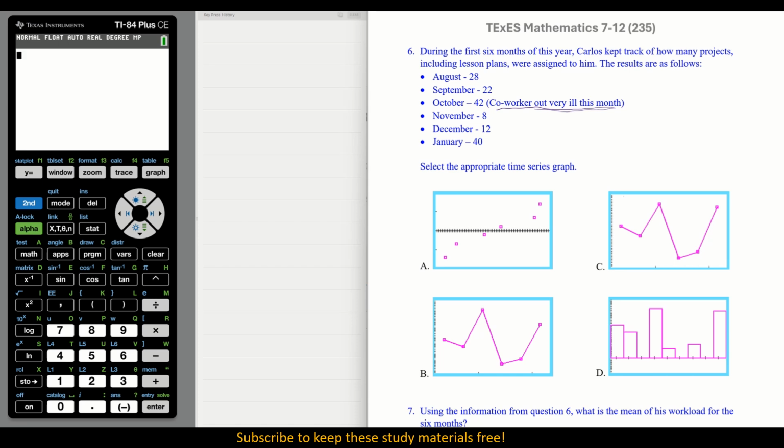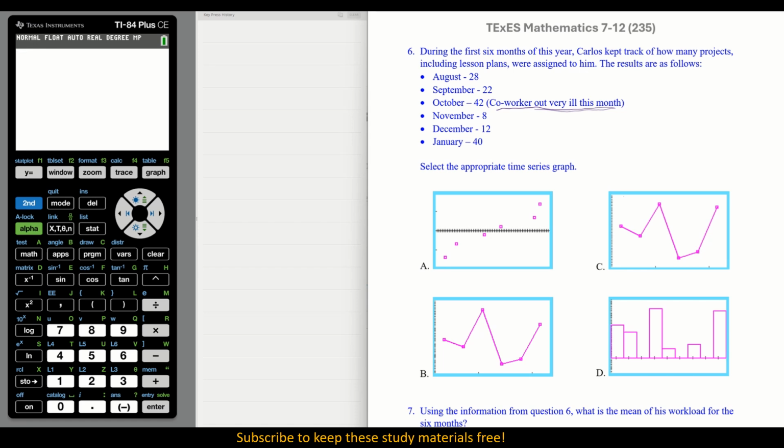So he took on extra. So then it looks like in November, they lightened up on him and gave him 8 because he took up the slack. Okay, then in December, 12 projects, but then January, 40. I could kind of see January with test prep and stuff.